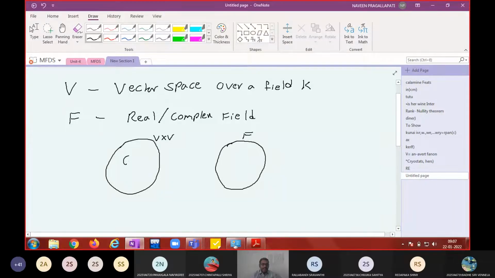For every U comma V, an ordered pair which is an element of V cross V, you are associating an element called the inner product of U comma V. Because this field is real or complex numbers, this image is either a complex number or a real number, satisfying certain conditions.